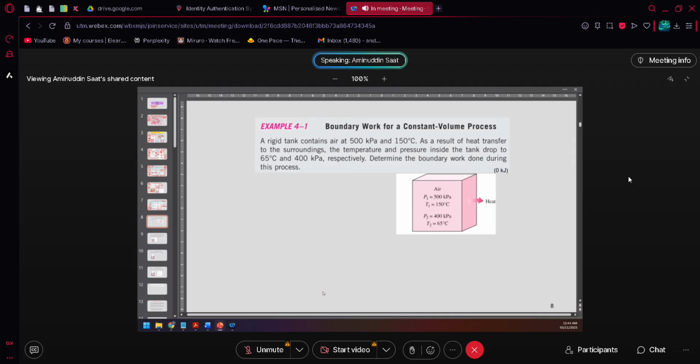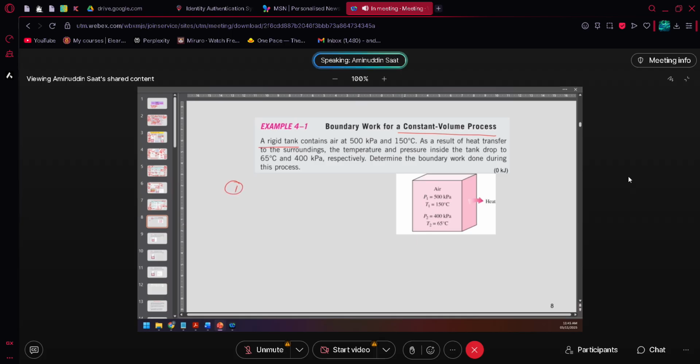Okay, the first example is for the constant volume process. I don't think we have time to cover all, but we try to do 1 or 2 exercises today. This example is from the textbook. Here you have a rigid tank containing air at 500 kilopascal and 150 degrees Celsius.